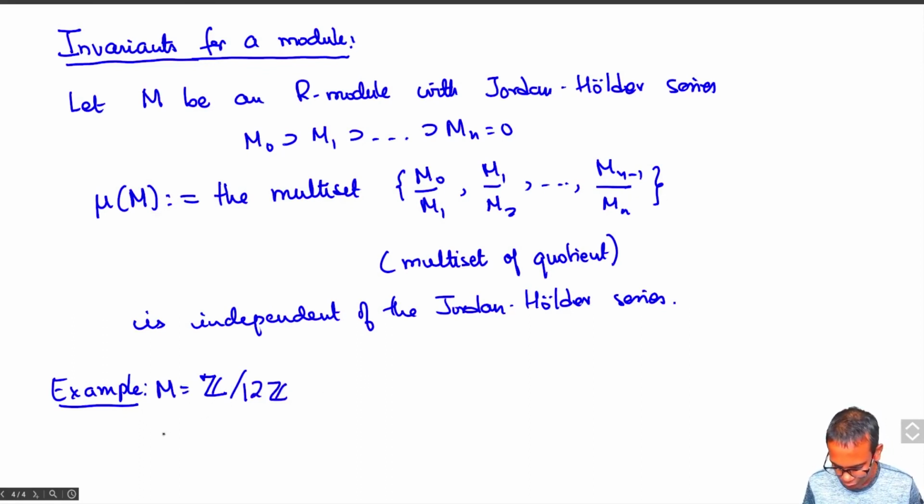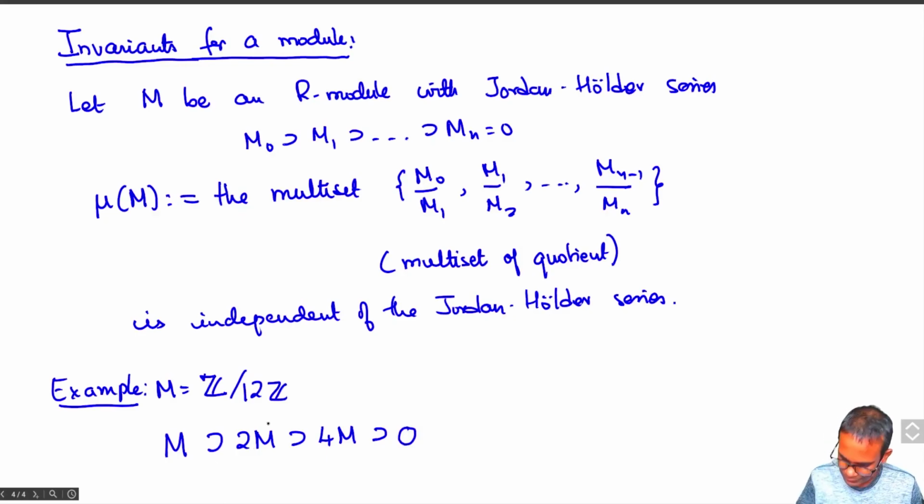For example, we have a Jordan-Holder series which is M contains 2M contains 4M contains 0, and the quotients here are Z mod 2, Z mod 2 and Z mod 3.